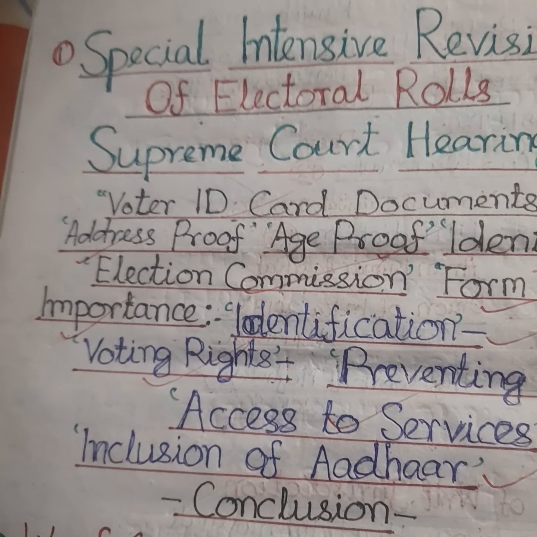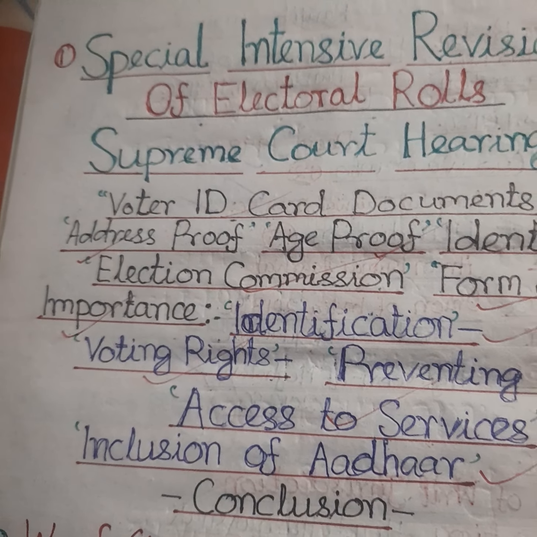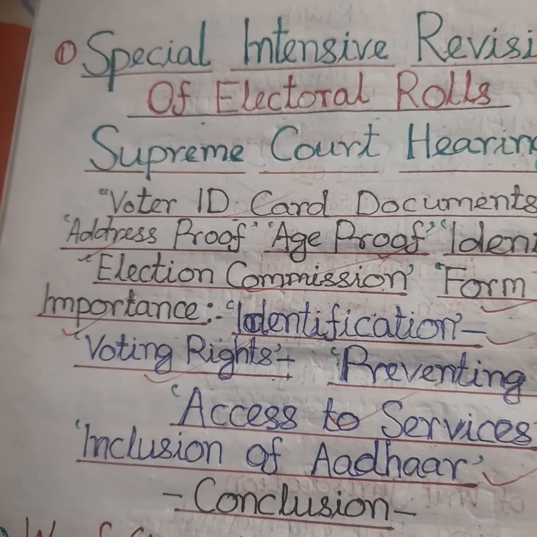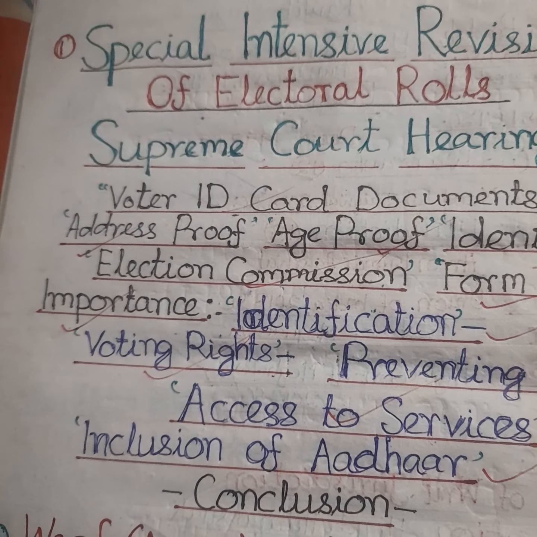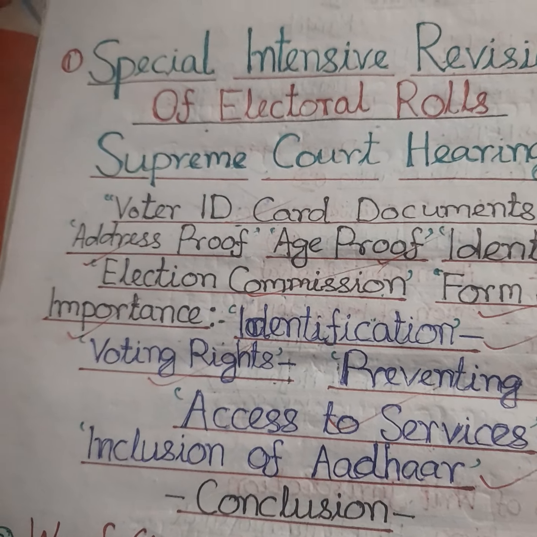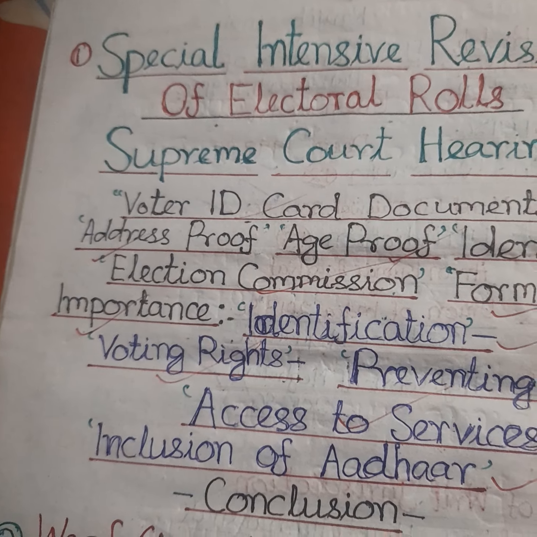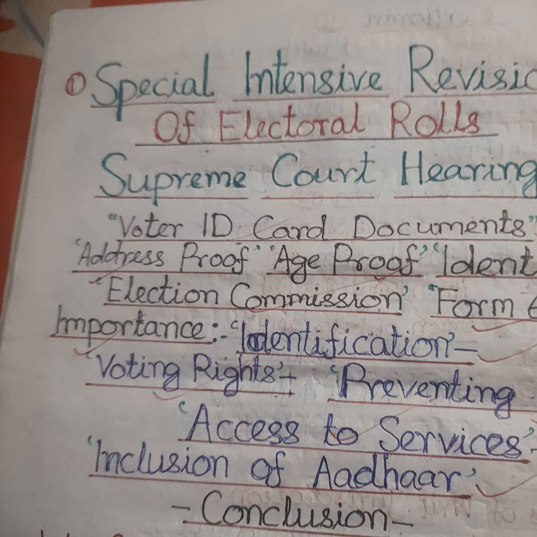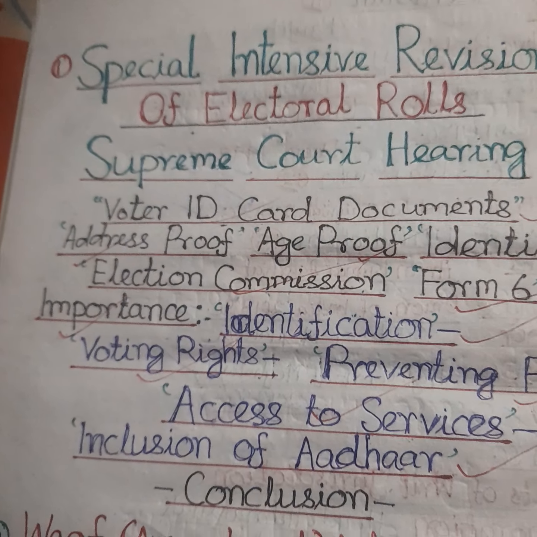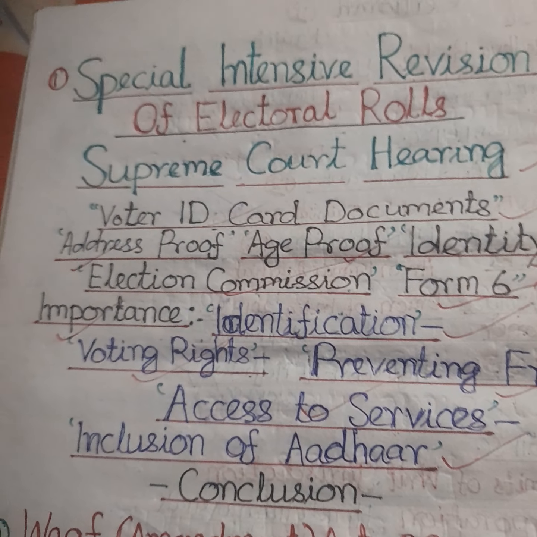After hearing senior advocate Kapil Sibal, who complained that the Election Commission was acting contrary to a series of directions by the Supreme Court to accept Aadhaar as proof of identity, a bench of Justice Suryakant and Justice Joymalya Bagchi said Aadhaar cards shall be accepted as proof of identity of a person for filing applications for inclusion or exclusion of names from the voter list.